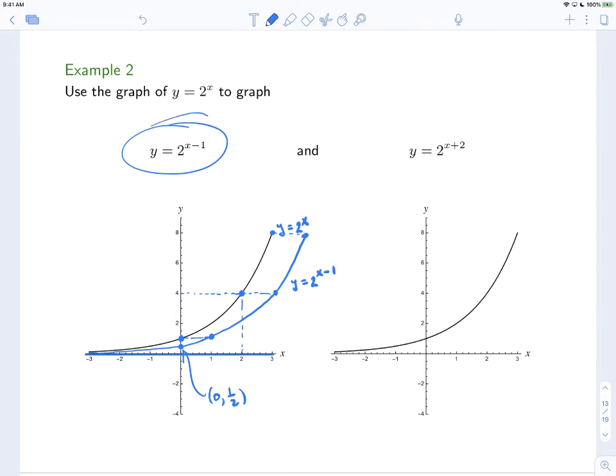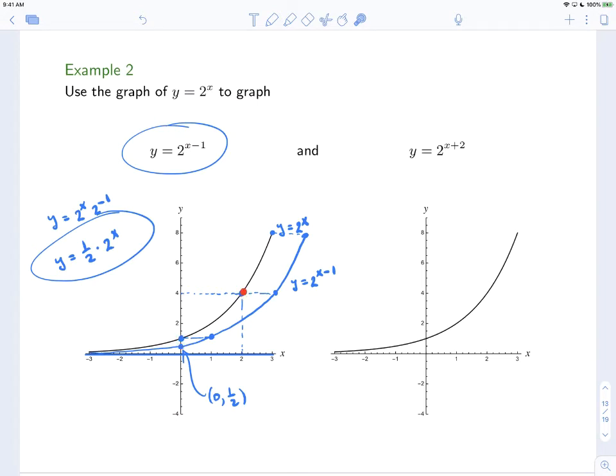Now notice that y equals 2 to the x minus 1. We can rewrite this. y equals 2 to the x times 2 to the negative 1. So this is really y equals 1/2 times 2 to the x. So really what we're doing is we're dividing all of the y values by 2. So our y-intercept is at 1, but we divide it by 2 to get to 1/2.